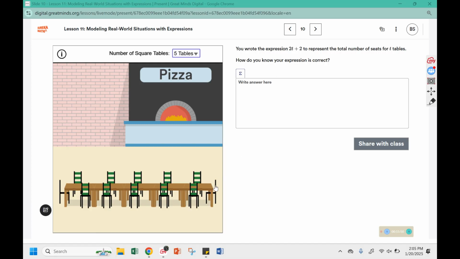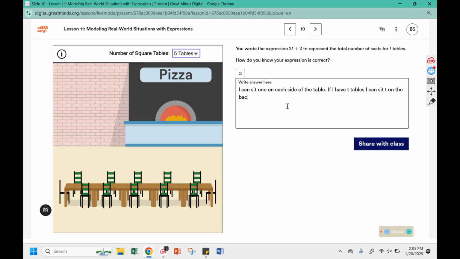But then I can also sit a chair on each end, which is where the additional 2 chairs comes from. So then there's 2 t's, and 1 plus 1 is 2.